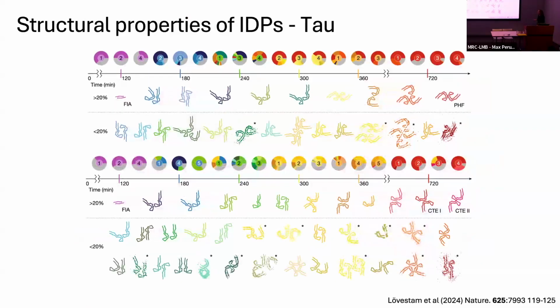Just very quickly, for the last 10 minutes or so, I want to talk about IDPs. This is a project where we looked at the IDP tau with Sofia from the Scheres and Goedert group.